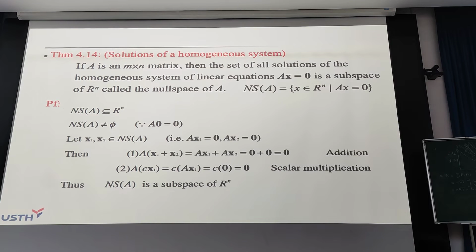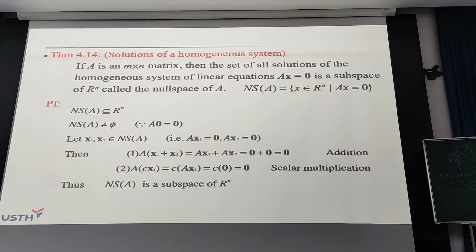I take this occasion to repeat to you, to verify something to be a subspace, you need only to verify property number 1 and property number 6. Only 2 properties among the 10 properties in the definition of a vector space.